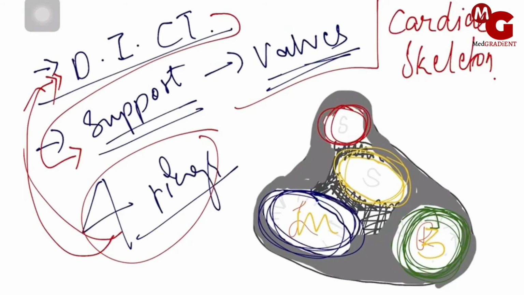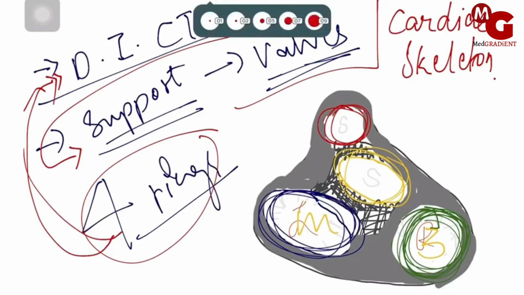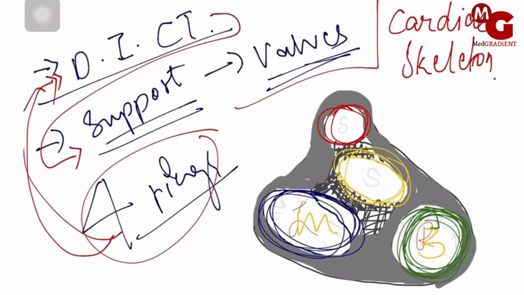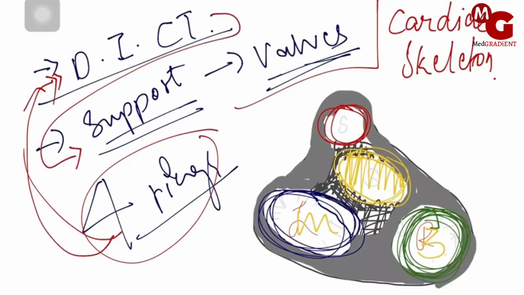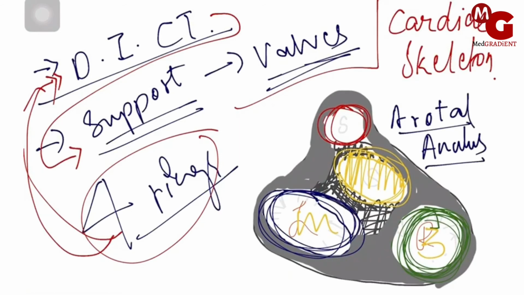And when we speak about them in Latin, one thing you can understand is the structure located here in yellow. It's called the aortal annulus. I'll write it for you: aortal annulus, this structure here.